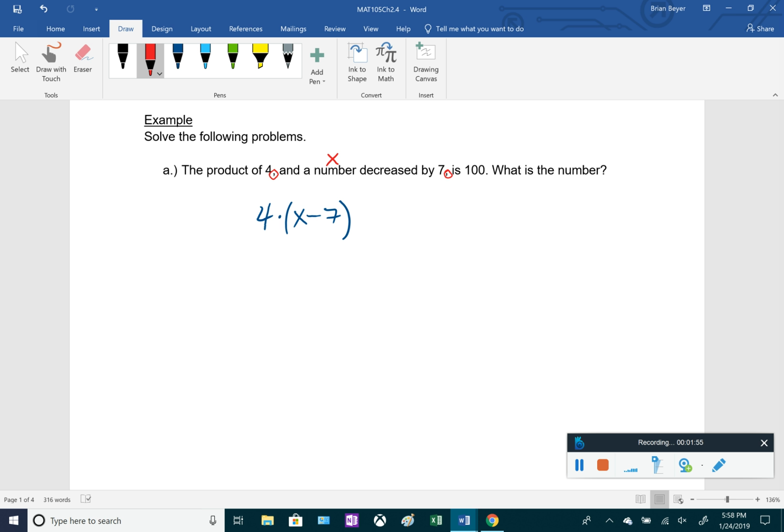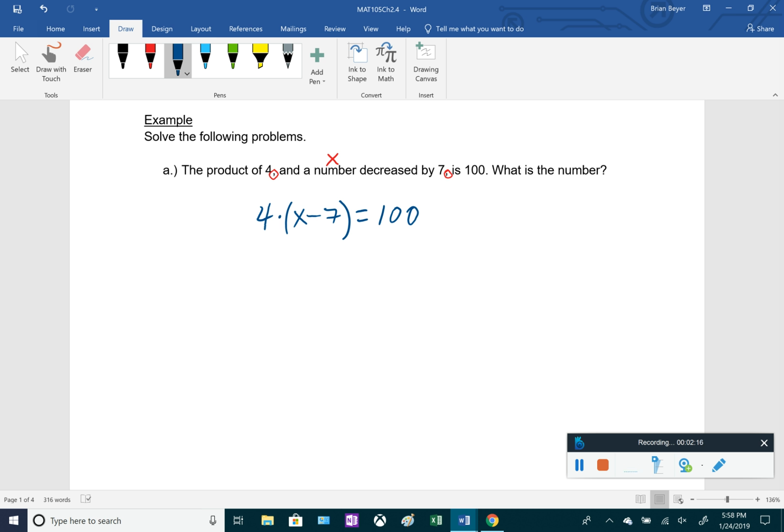So we have 4 times x minus 7 is an equal sign. So is means equals, so equals 100. So the product, multiplication, of 4 and x minus 7 equals 100.